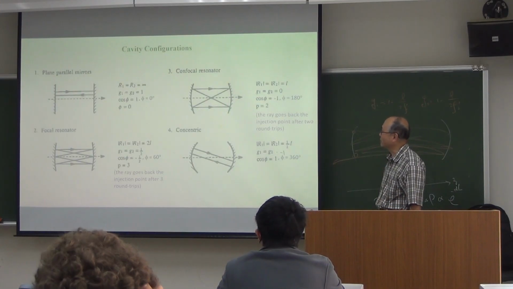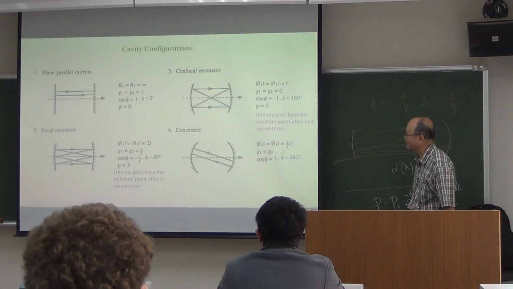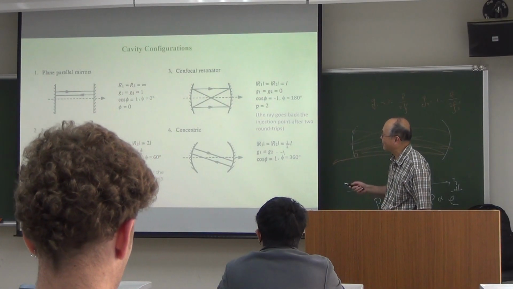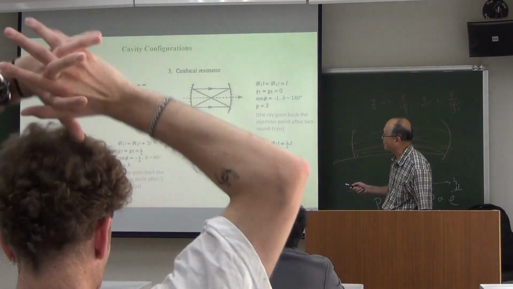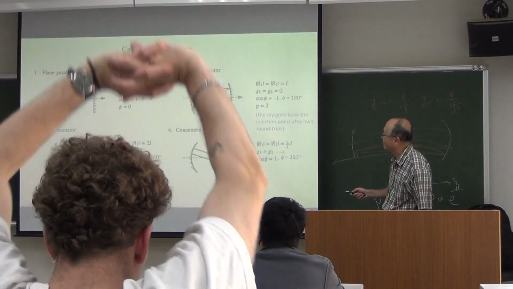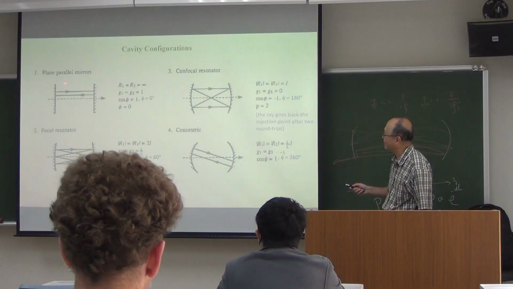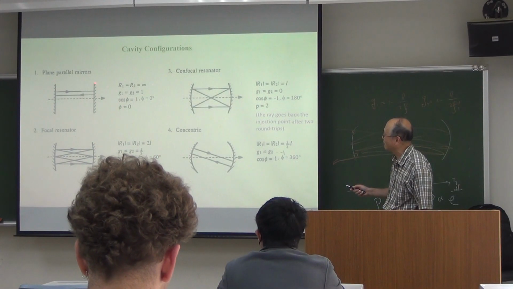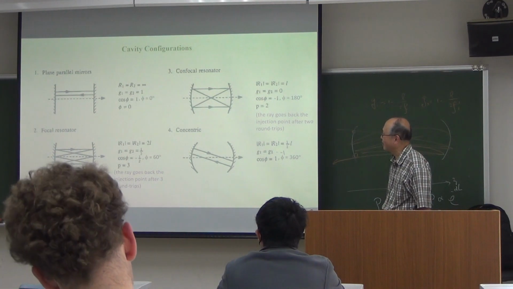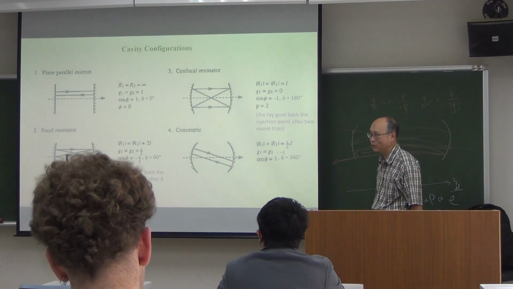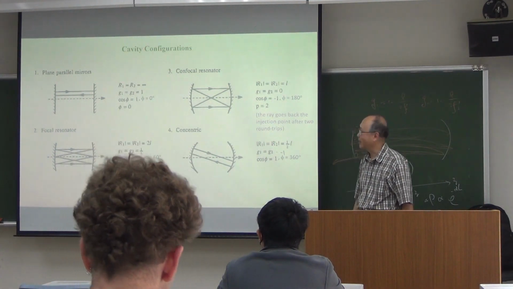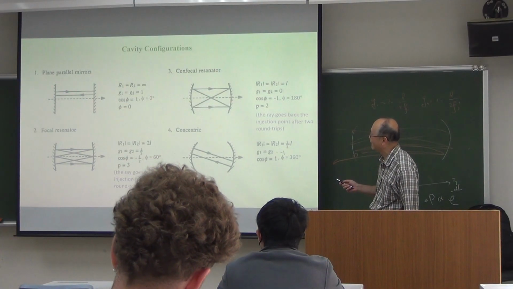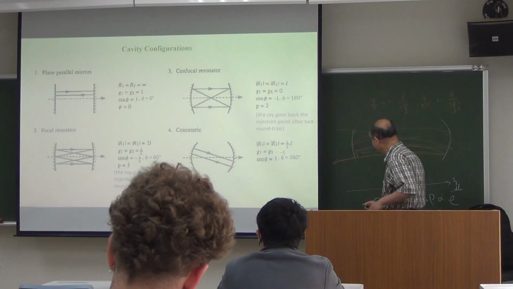Then let's look into different kinds of cavities. Well, the easiest cavity is like a parallel cavity, with a radial curvature equal to infinite on the surface, and this is sort of on the edge of stability because if you just misalign a little bit, then it's going to go away. So you can see that your G1, G2.